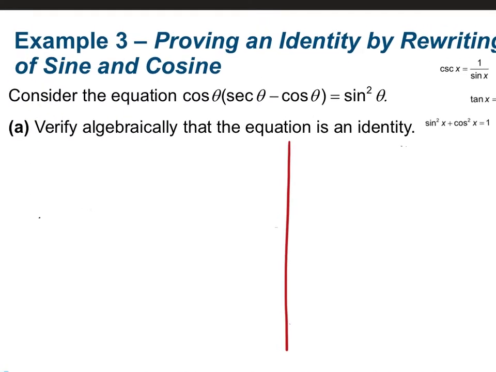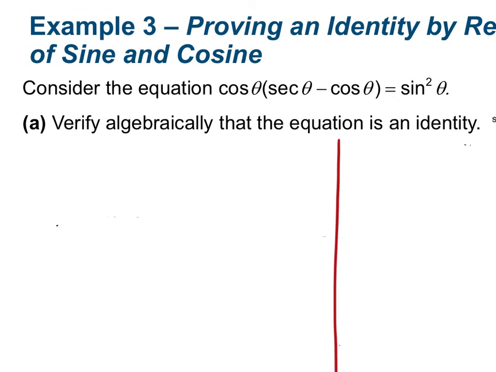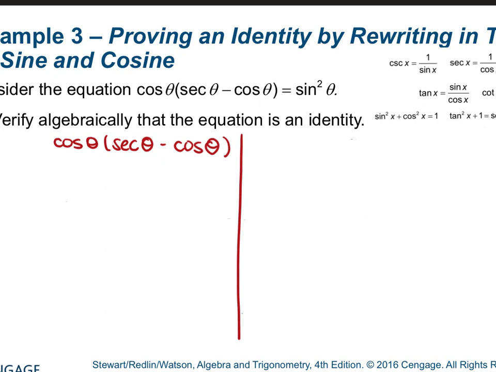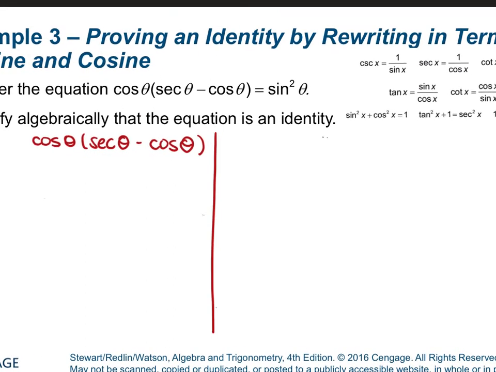So the first side I'm going to work with is this cosine theta times secant theta minus cosine theta. I'm not even going to worry about or work with that right side yet. If I want to just put down that sine squared theta to help me remember that's what's on that side, that's fine. You can do that. Look at your identities.